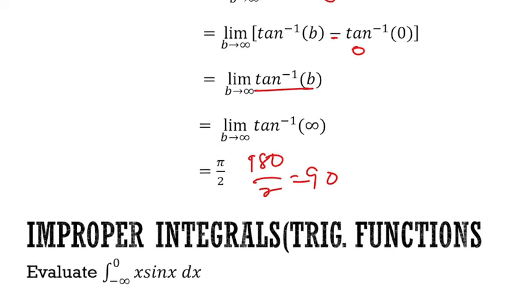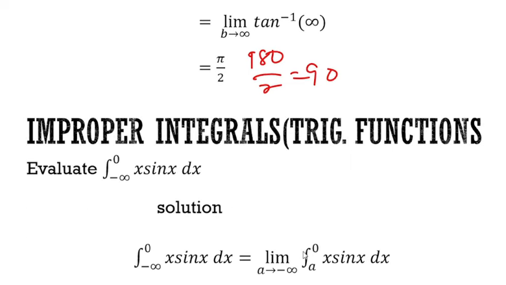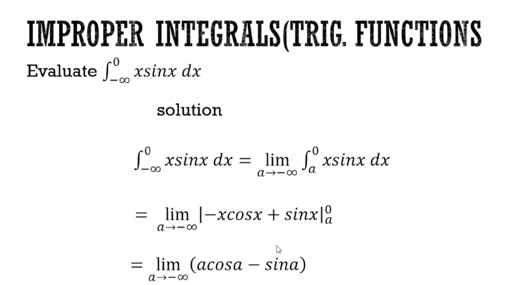Great. Now let's look at a different question that involves trig functions. In this particular question, we are to integrate x sine x dx, which is a trig function where we have the upper limit as 0 and the lower limit as negative infinity. For us to integrate this function, we can use the strategy that is integration by parts.